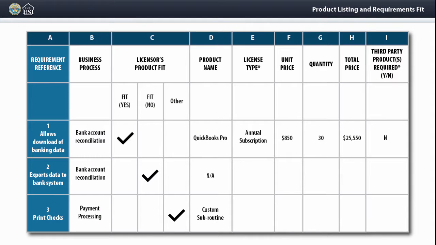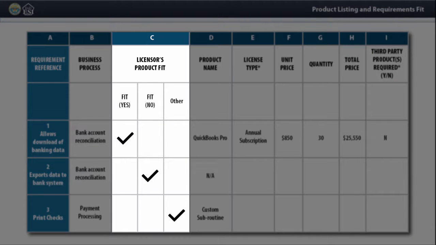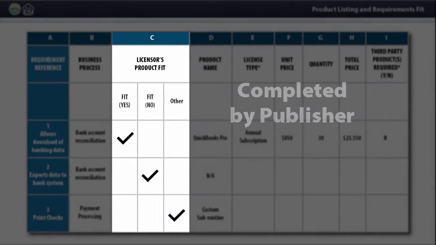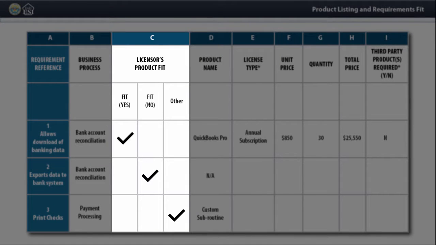For the purposes of measuring product fit and defining product warranty, column C probably has the most important information in the entire table. This column will be completed by the publisher to indicate if their product can meet your requirements. They can respond affirmatively by checking the Yes box, negatively by checking the No box, or non-committally by checking the Other box.